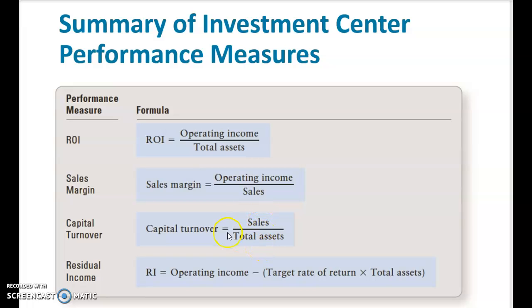And residual income, that's operating income minus the target rate of return times total assets. And I'll tell you, the thing you've got to watch out for is how this is expressed, so that when you see it in a problem, you know what you're looking at. All right, you need to know these values. You can't have any sheet with these formulas on it. You'll have to know them.